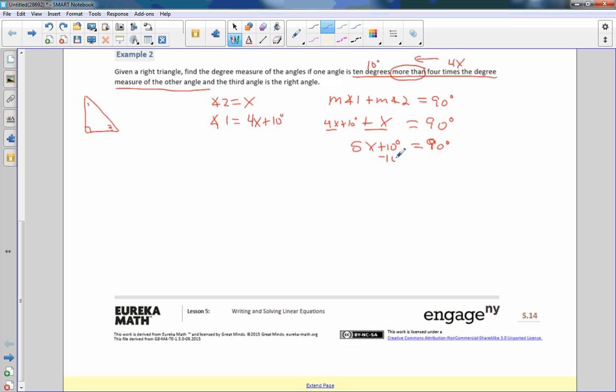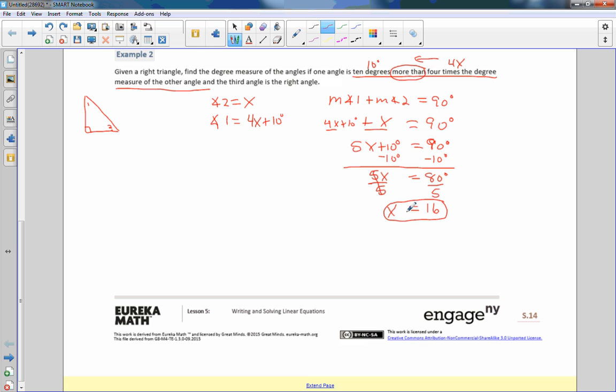Subtract 10 degrees from both sides. And 5x equals 80 degrees. Divide by 5. Divide by 5. These cancel. x equals, 5 goes into 8 once, remainder 3. 5 goes into 30 6 times. So x equals 16.